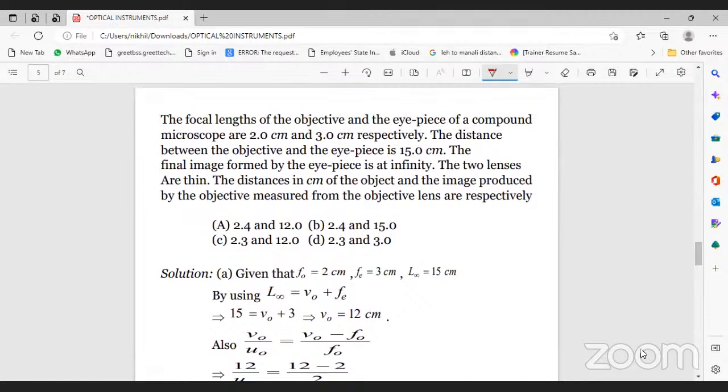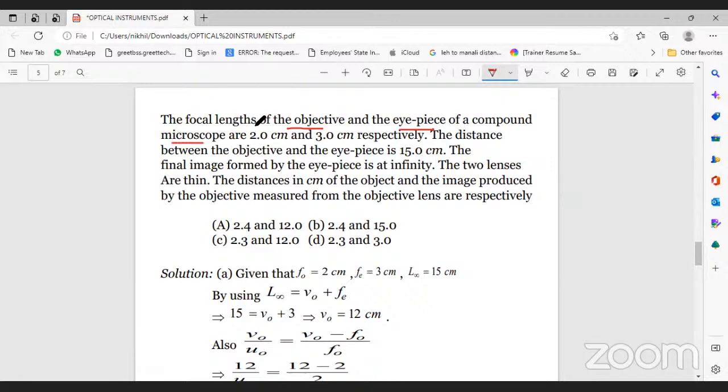Look at this. What are the focal lengths of the objective and the eyepiece of a compound microscope they have given?